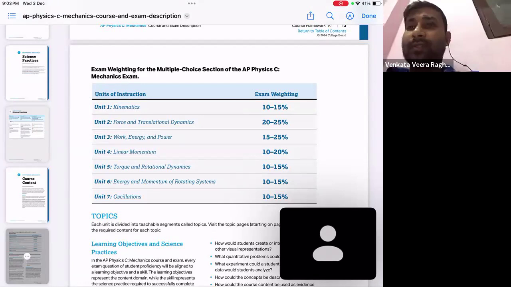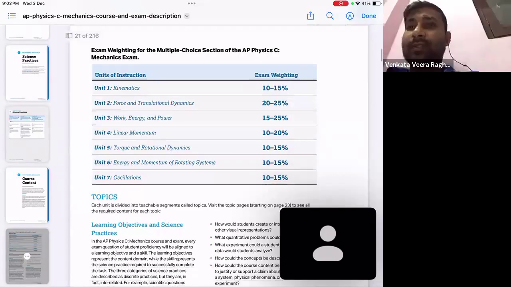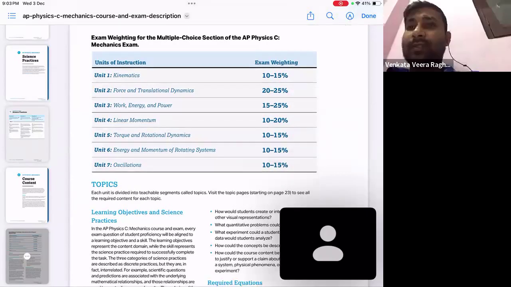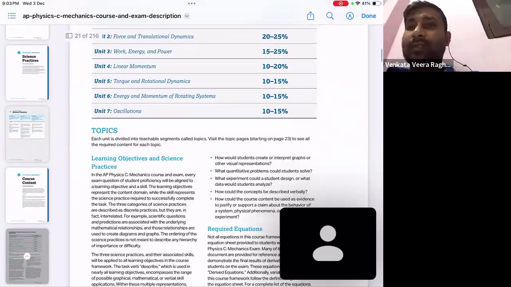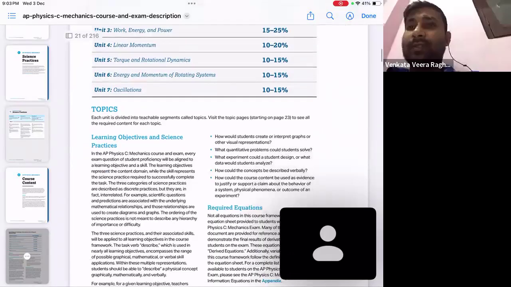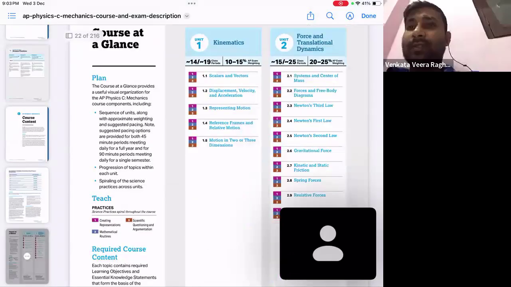Then we have the rotation part, in which we cover the torque acting on the body, equilibrium of the body, and the acceleration of the body, and then the motion of the rigid body. Rotation is in two parts. Then the oscillation part, where we will discuss the simple harmonic motion of the body or particles. So these are the total seven units, and these are some of the detailed topics.